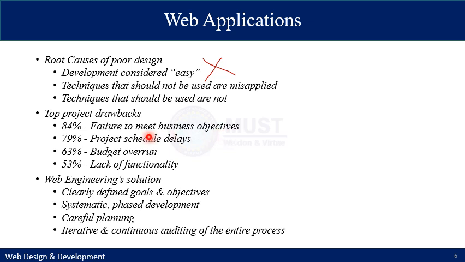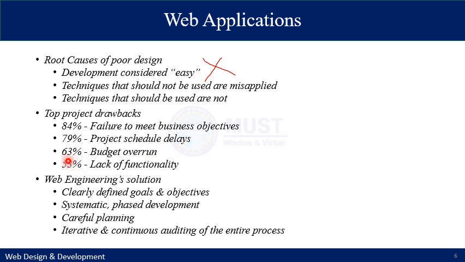So we have to be very careful before starting any application in the web to specify its business objective at the start very clearly. Another cause of failure is project schedule delays. 79% of the projects usually face schedule delays, so that the projects or applications are delivered late against the time frame.